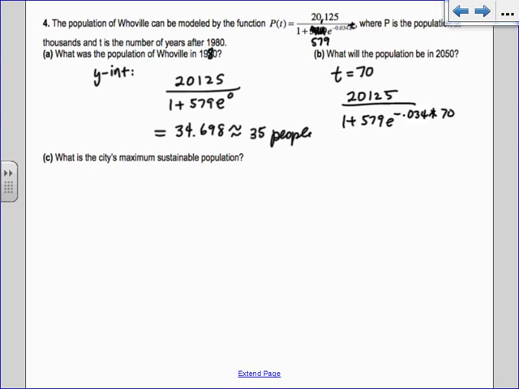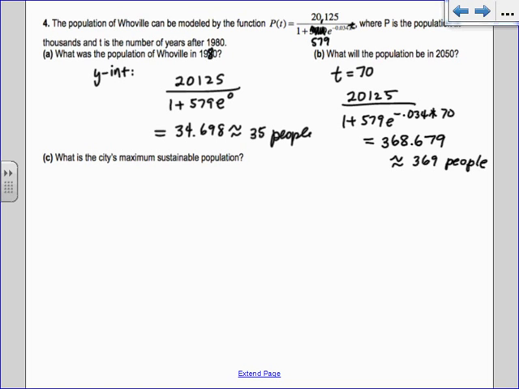I usually do the denominator first, and then I do 1 over the answer, or something divided by the answer. So the denominator was 54.586. So if I do 20,125 divided by my answer, I get 368.679. So about 369 people.